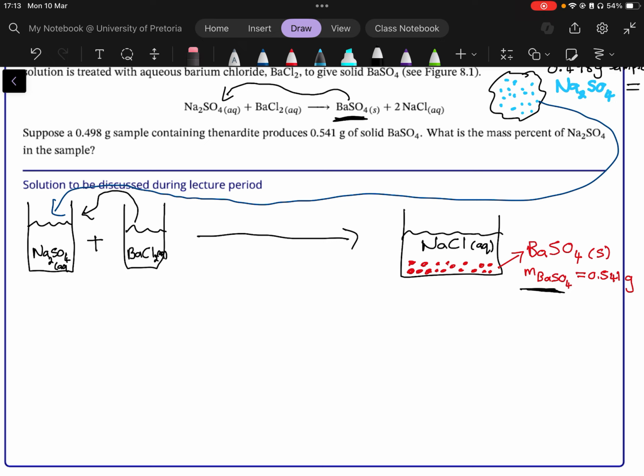So from the mass of the barium sulfate, let's get the number of moles of barium sulfate. You get that by dividing the mass by the molar mass, or in other words, gram barium sulfate multiplied by 1 mole per 233.4 grams. One mole of barium sulfate weighs 233.4 grams.